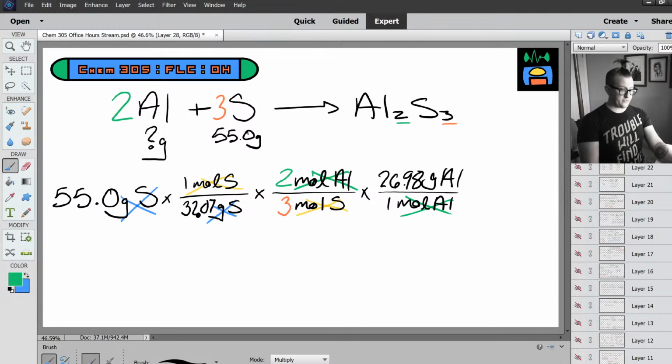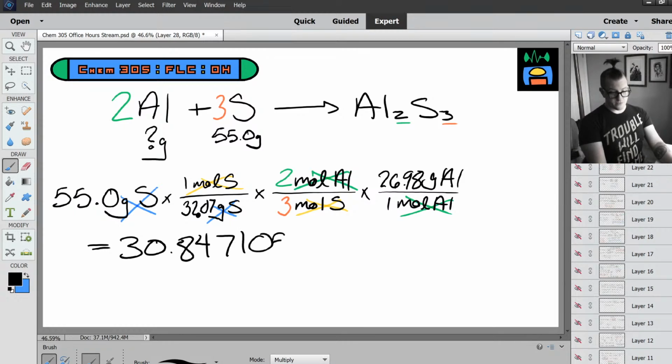So we have 55.0 divided by 32.07 times 2 divided by 3 times 26.98. My calculator is giving me a value of 30.8471053, right? But we can only keep 3 sig figs because that's the fewest.